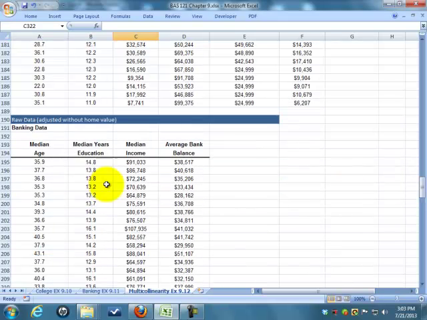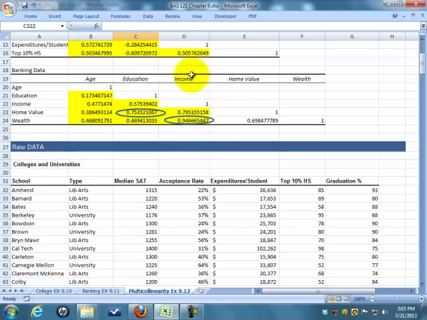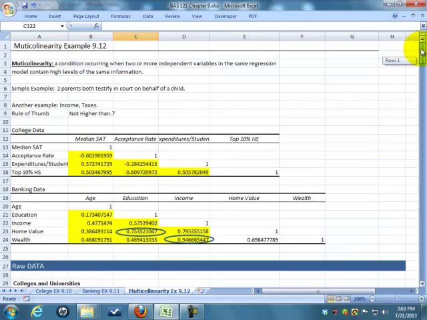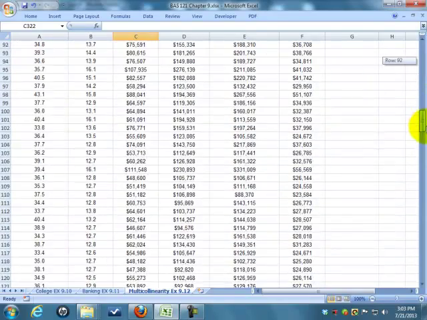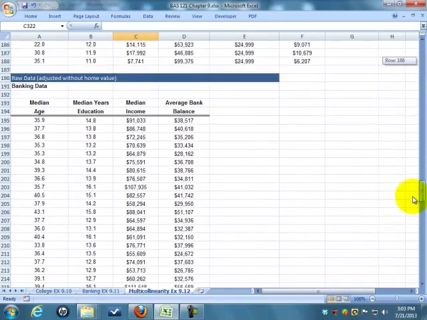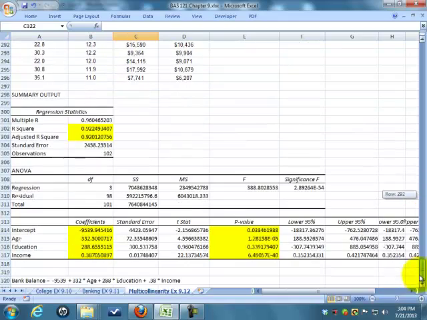You'd play around with it. I took the wealth out of here because income and wealth, I felt, were saying the same thing. Income and wealth had the highest multicollinearity. So I decided to take wealth out. I came down here; we'd already taken home value out. I reran this without wealth in there and reran my regression statistics.